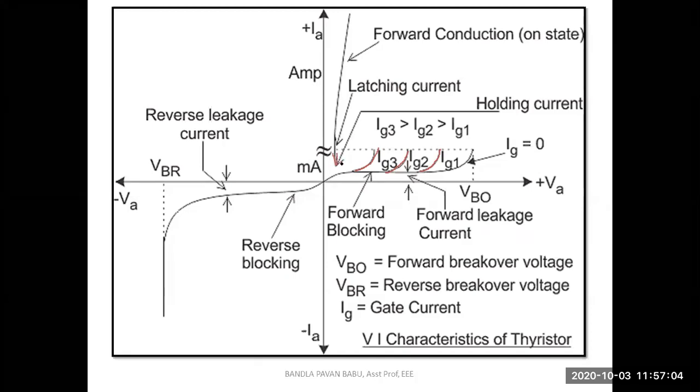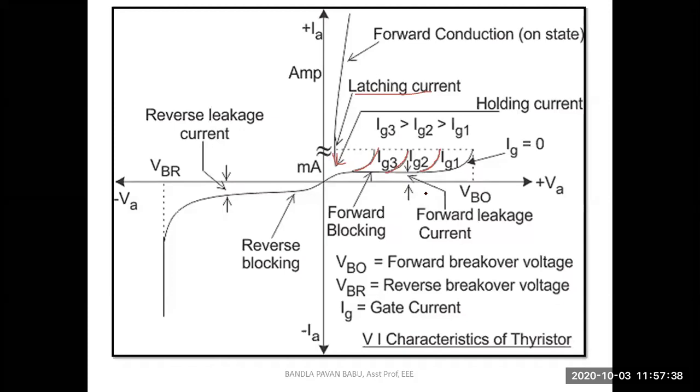For our understanding now, the holding current is the minimum current before the turn off of the thyristor, and the latching current is the minimum current required for the switch to completely conduct. The latching current is denoted as IL, and the holding current is denoted as IH. This is another method of turning on the switch.